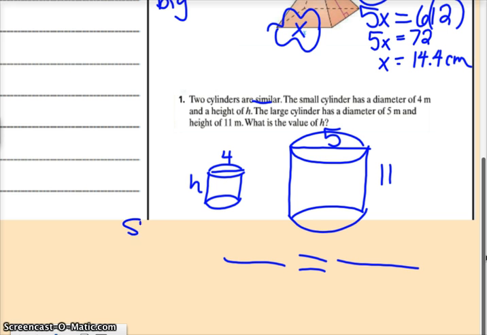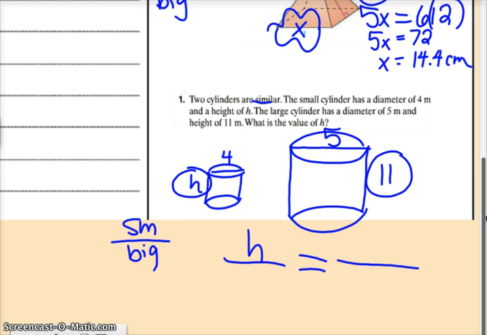I like to do smallest to big, so I can understand scale factors. You could do biggest to small, but with scale factors, it's best to do small to big. So I'm just going to go small. h is to what? 11.